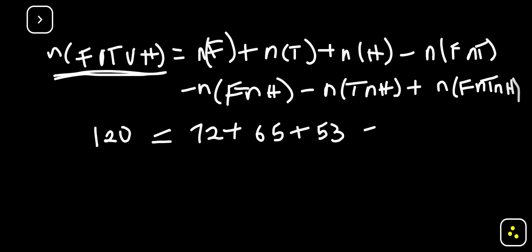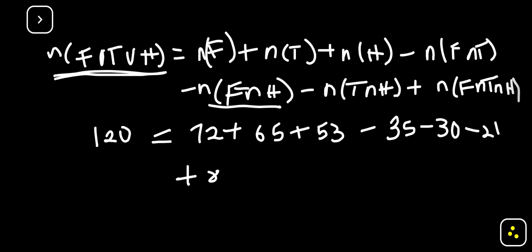Then we subtract the intersection of First and Trust, minus 35; First and Hallmark, minus 30; and minus 21 for Trust and Hallmark. We have to add X because we do not know the number of customers for all three. If we know this, we'll be able to solve for X and get our answer. So let's work on that.